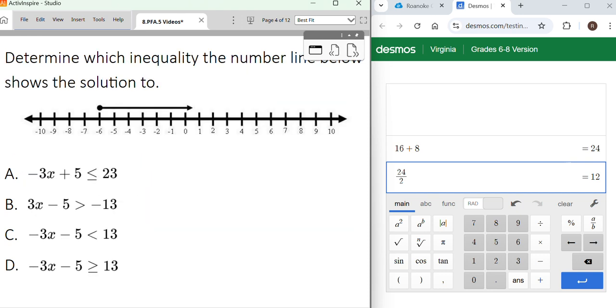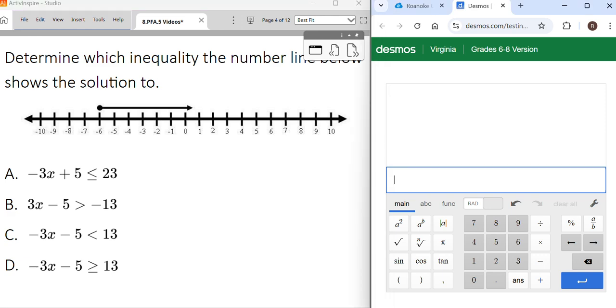All right, let's look at the next one. Determine which inequality the number line below shows the solution to. Wow, this one could be a lot of work if you're going to sit and solve all 4 of those. But let's talk about it a little bit and see if we can't eliminate some choices.